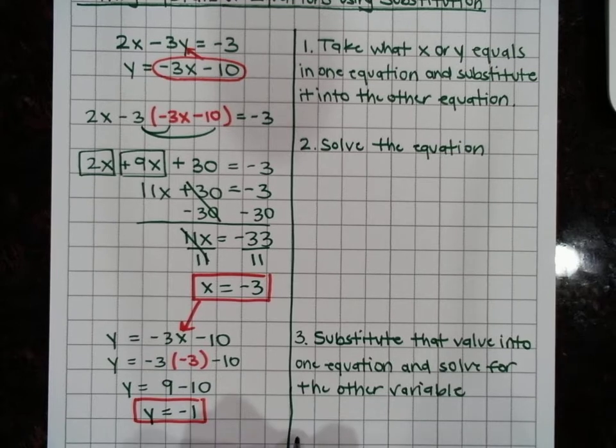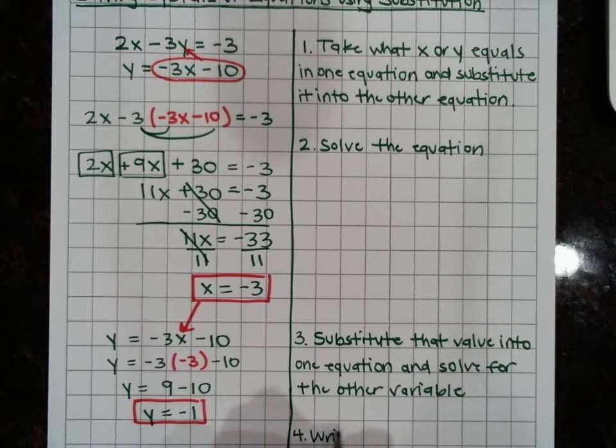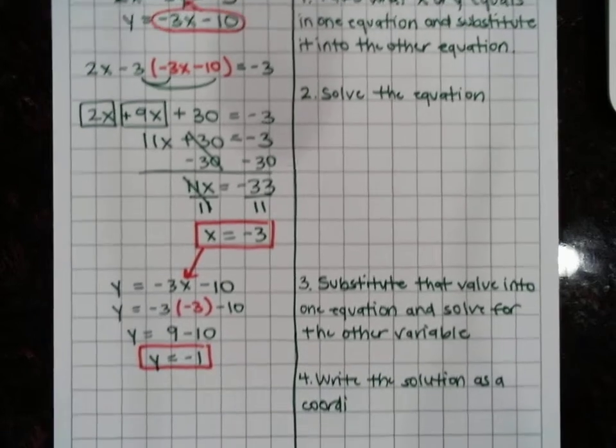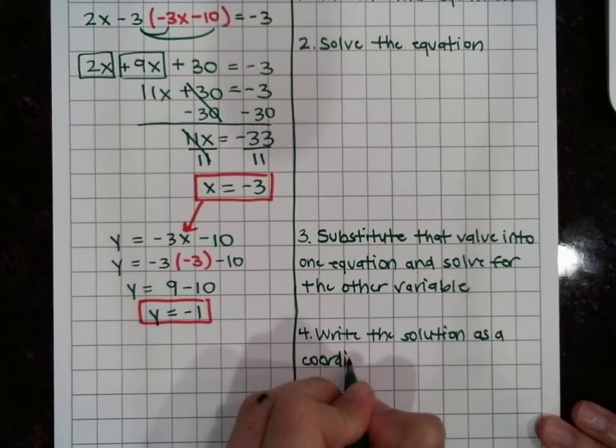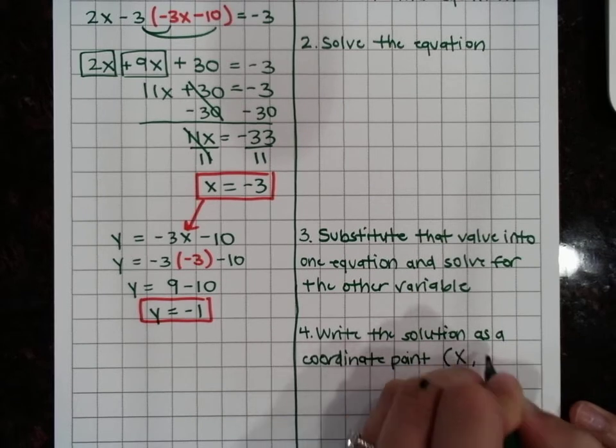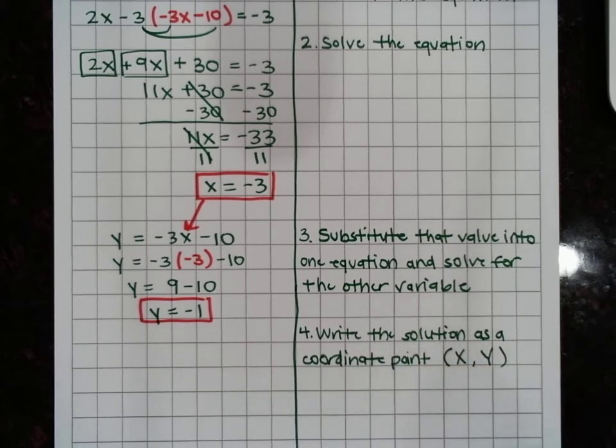So now we are going to write the solution as a coordinate point. How do we do that? We write it as x, comma, y as a point.